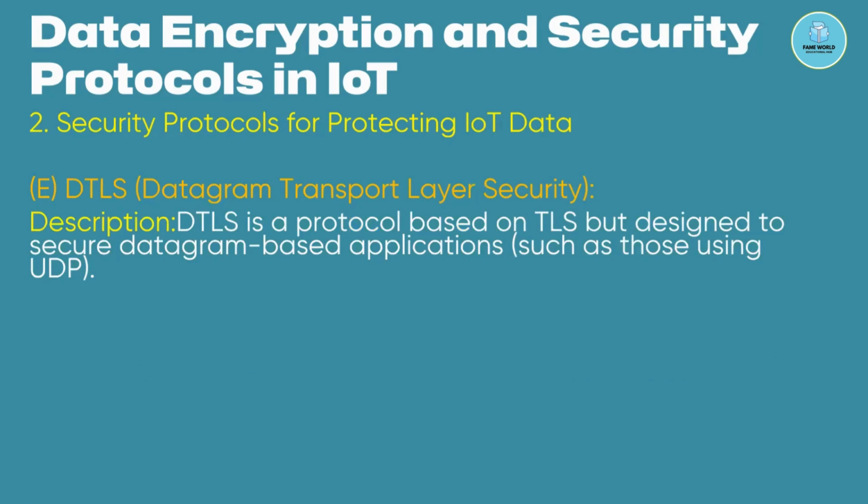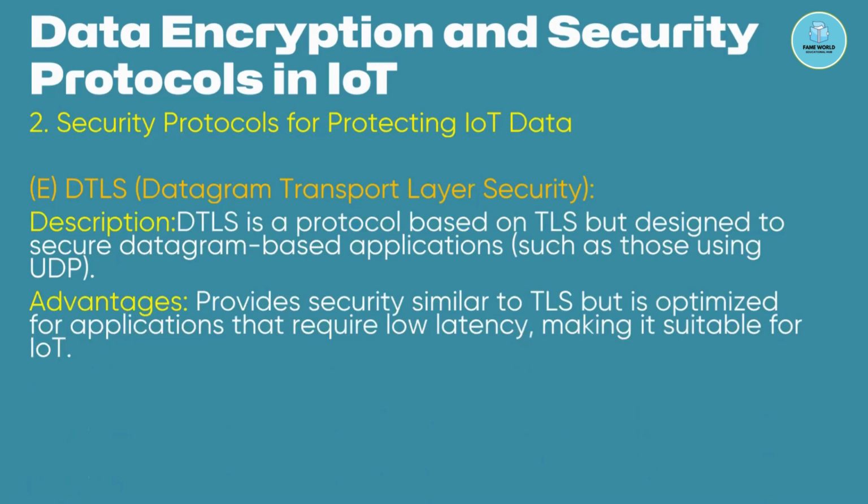So DTLS is a protocol based on TLS, but designed to secure datagram-based applications like UDP. UDP, the User Datagram Protocol, is the most popular. DTLS, Datagram Transport Layer Security, provides security exactly the same as that provided in TLS, but it is optimized for applications that require low latency.